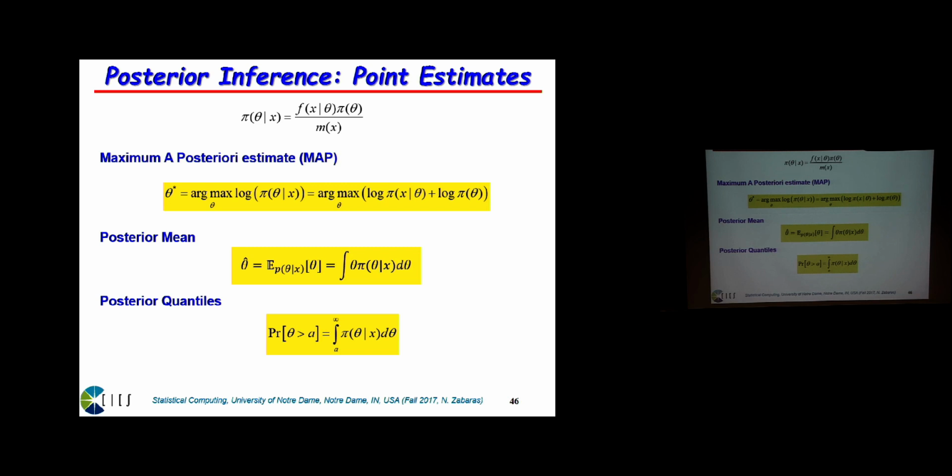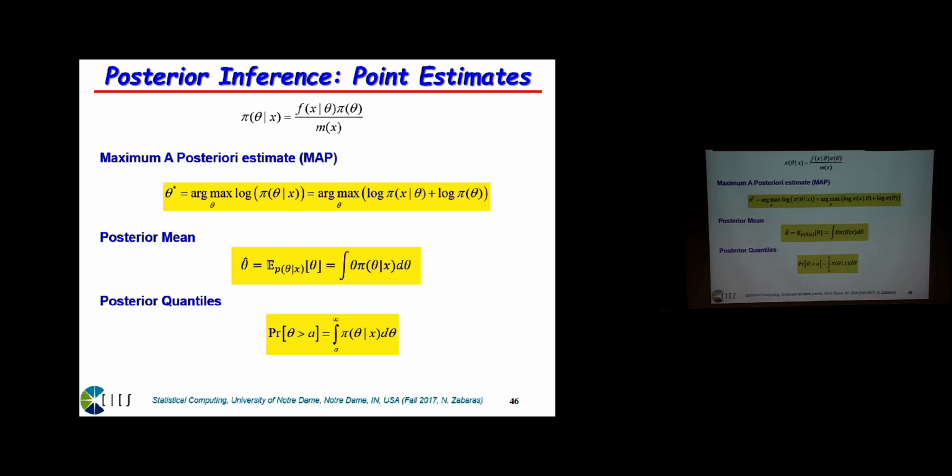Another point estimate may be the posterior mean, and this is the calculation of the posterior mean. You have your posterior, and this is the posterior mean. Obviously, you have to integrate in the theta space, and that can be problematic because if this distribution is known through a code, this will require very high dimensional integration, and it won't be an easy thing to get. And of course, you can get a posterior quantile.